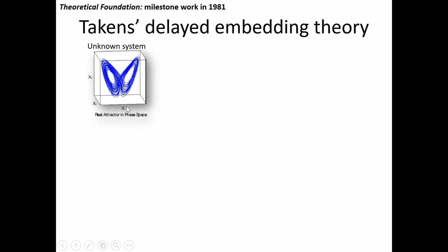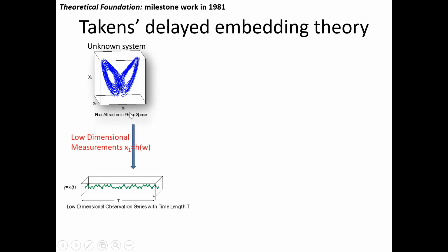We don't know this system, but we want to know it. So what we can do is observe a variable like heartbeat, temperature, or gene expression. We just observe one long-term variable. This data is available. We take only one variable to observe.